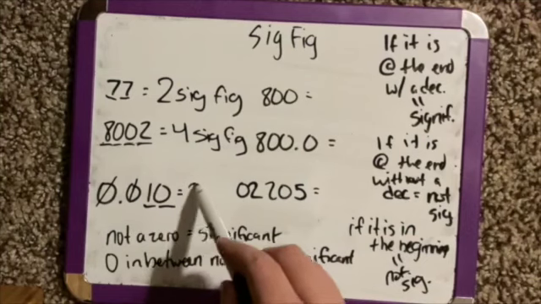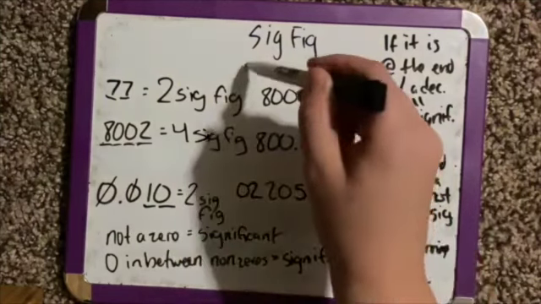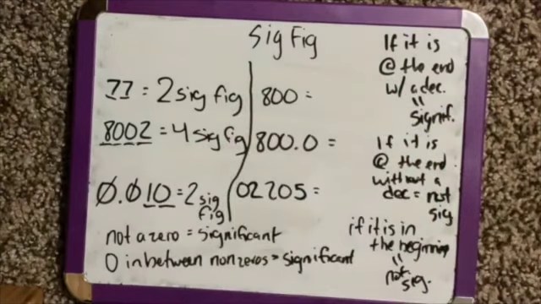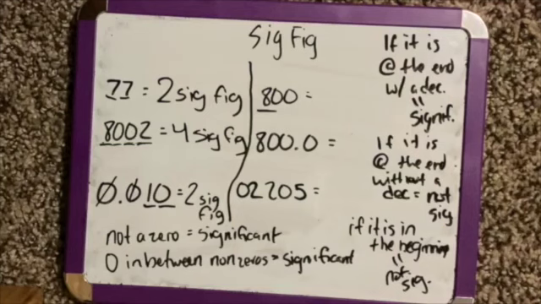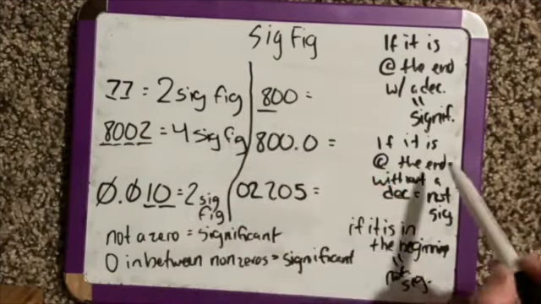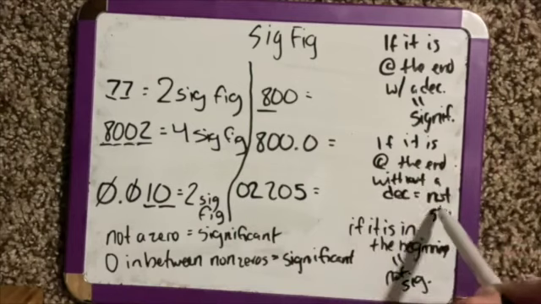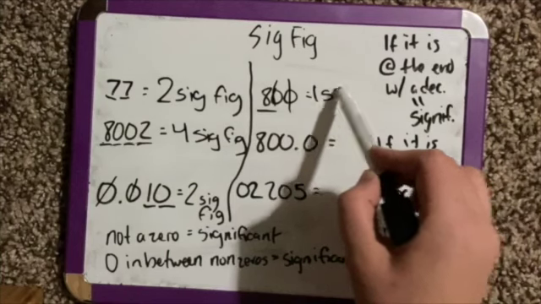So this would have 2 sig figs. Okay, 800. The 8 would be significant because it's not a 0. Now these two zeros are at the end, but there's no decimal. If it's at the end without a decimal, it's not significant. So this would just have 1 sig fig.